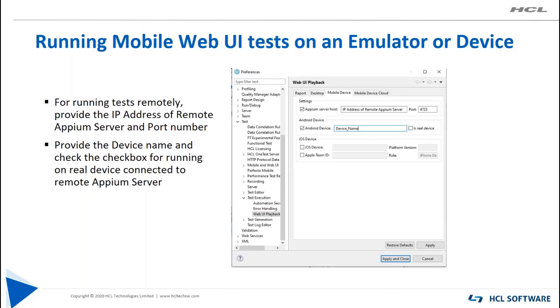Make sure the remote server has Appium installed and the Android devices and the emulators are connected or configured on the remote machine. Then provide the IP address of the remote Appium server along with the port number to communicate with the server, and then provide the Android device name, and we have to check the checkbox if it's running on a real device on the remote machine.